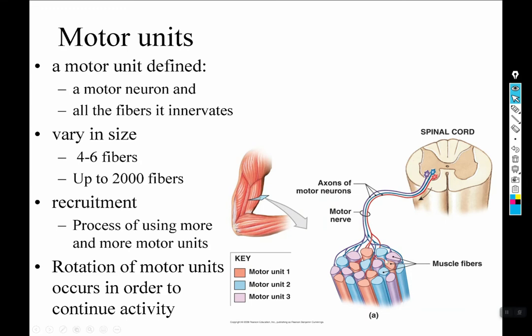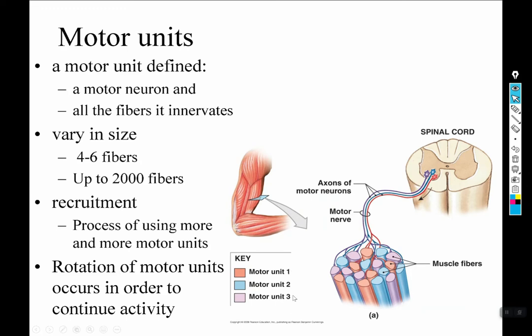Then if I only activate motor unit 1, I'm using 1/3 of the possible tension in that biceps brachii muscle. If I additionally recruit motor unit number 2, so I add motor unit number 2's power to motor unit number 1, then I get to 2/3 of maximum. And if I additionally recruit motor unit number 3, then I get to 3/3 or as much recruitment of tension generation as I can do for this particular muscle organ.